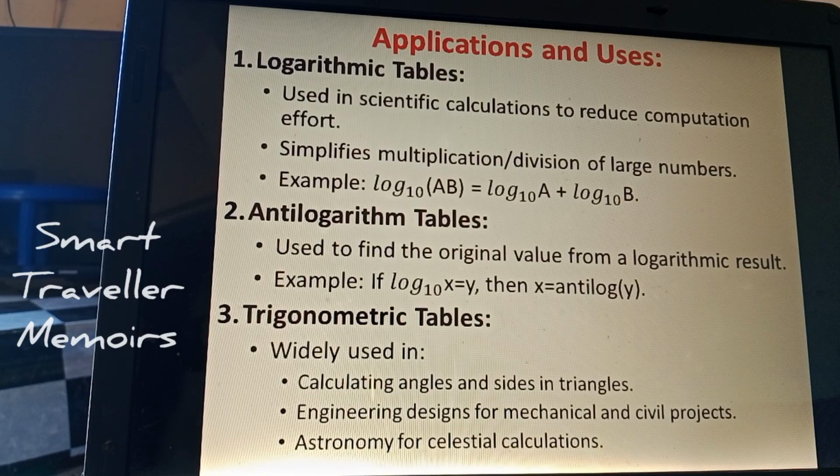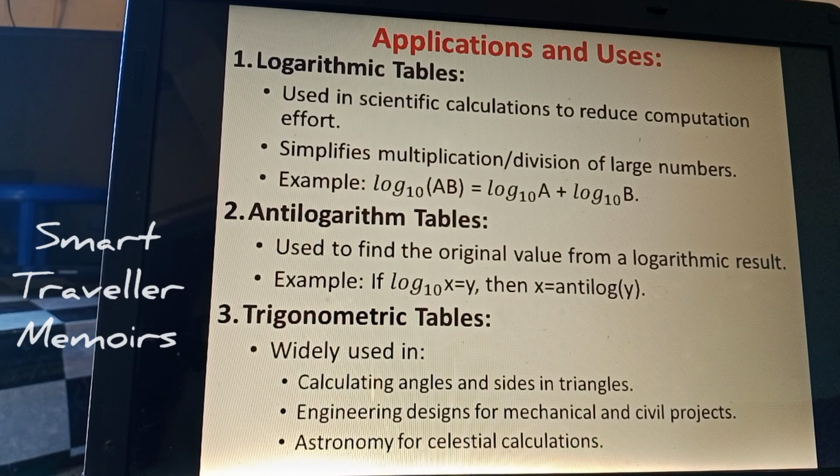Logarithmic tables are used in scientific calculation to reduce computation effort. They simplify multiplication or division of large numbers. Example, the logarithm of a times b is equal to the logarithm of a plus the logarithm of b to base 10. Anti-logarithm tables are used to find the original value from a logarithmic result.